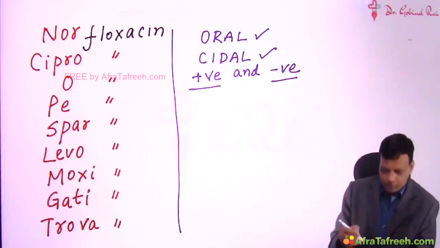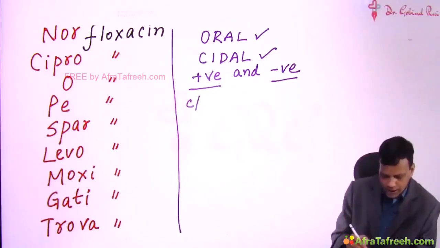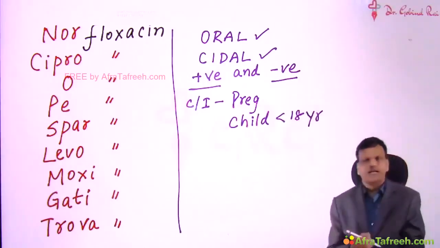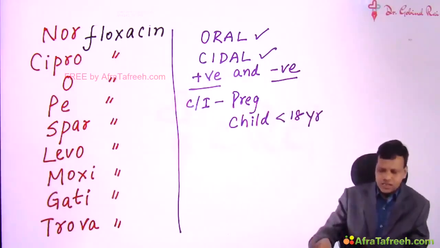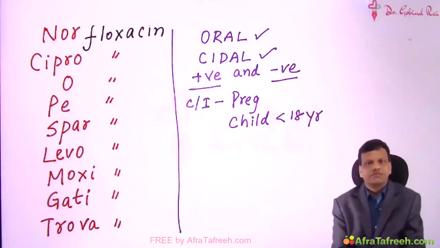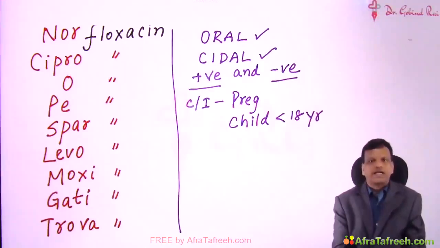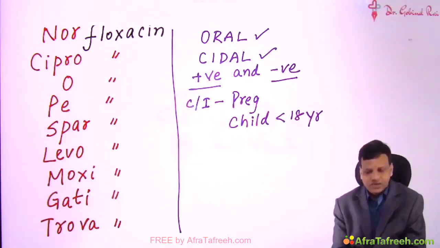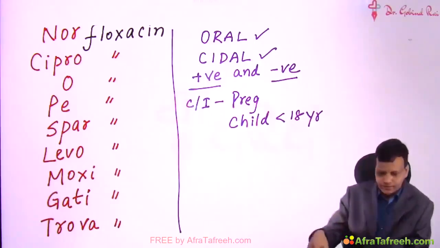But the problem is fluoroquinolones are contraindicated in pregnancy and children. The reason is they cause cartilage and tendon damage. Remember, tetracyclines were causing problems in bone and teeth, whereas fluoroquinolones cause problems in cartilage and tendon.